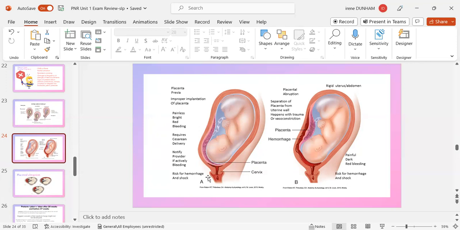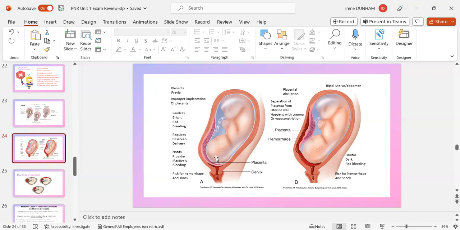Here's your placenta, and it's over the cervical os. You can have marginal, where it gets to about 2.5 centimeters from the os, and then complete is completely covering the os.